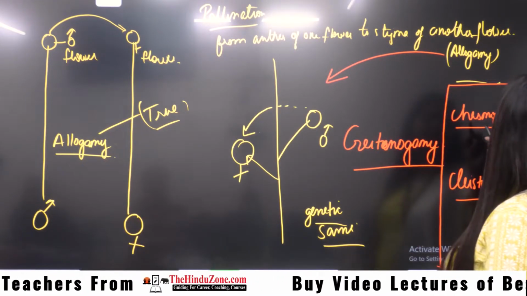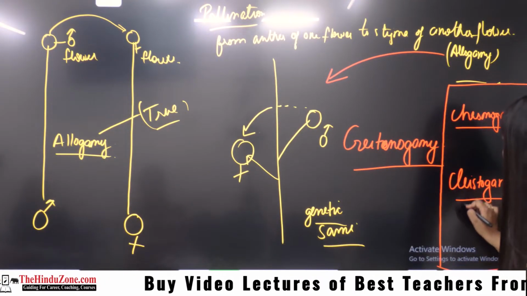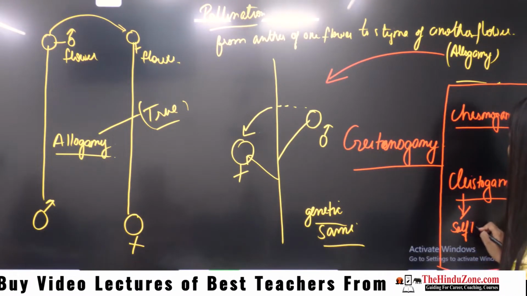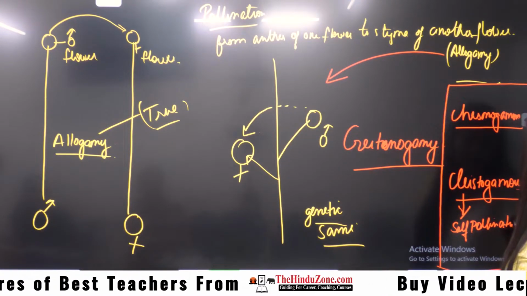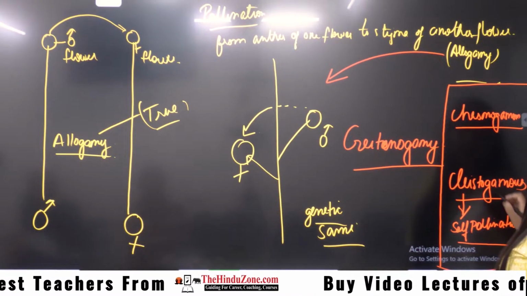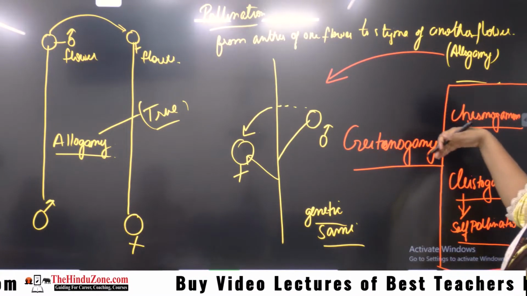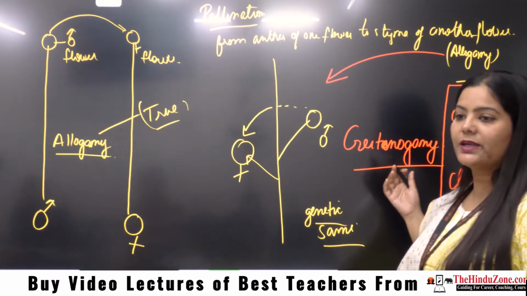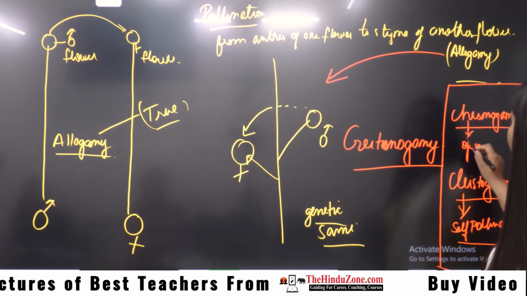Chasmogamous and cleistogamous. Cleistogamous flower guarantees only self-pollination. ठीक, यहाँ पर भी self-pollination हो सकता है, but this cannot rule out cross-pollination, क्योंकि this flower is an open version.